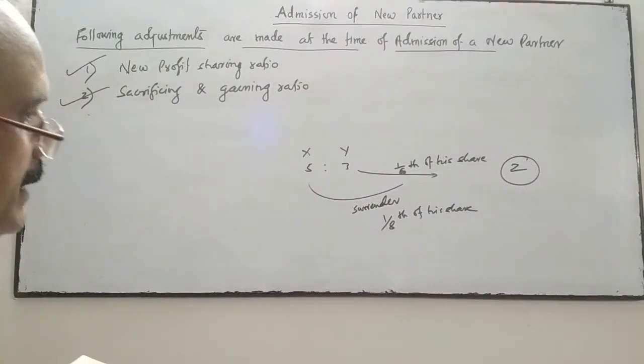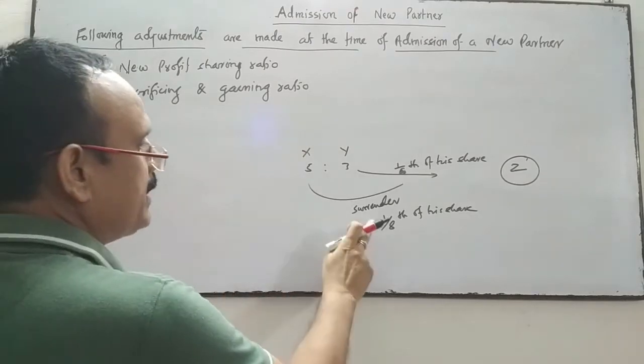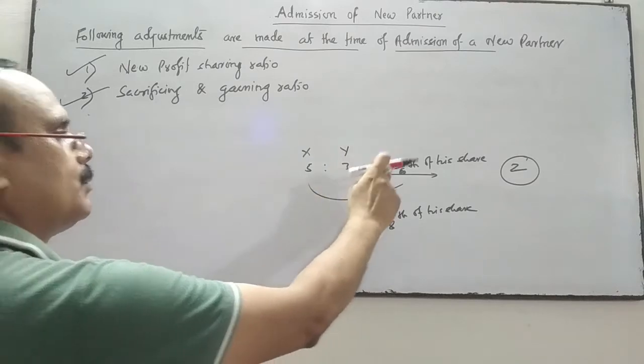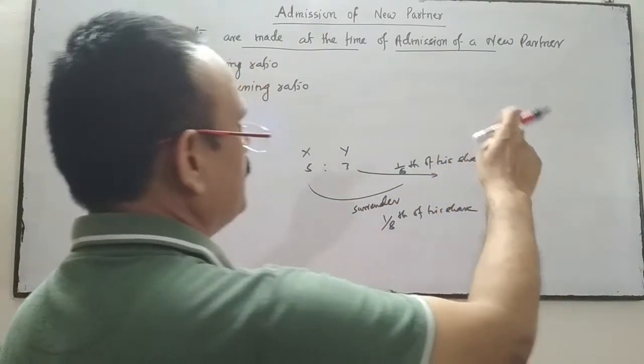X surrenders 1/8 of his share in favor of Z, and Y surrenders 1/6 of his share in favor of Z.